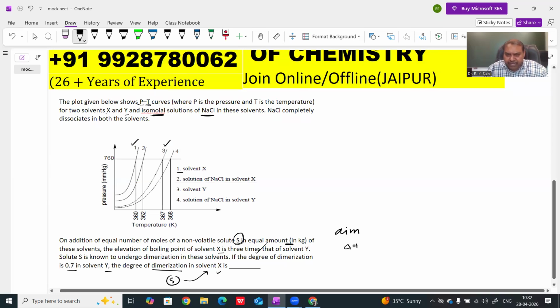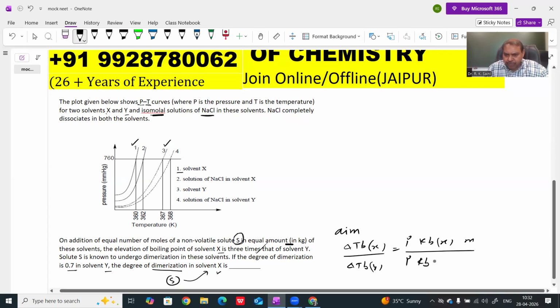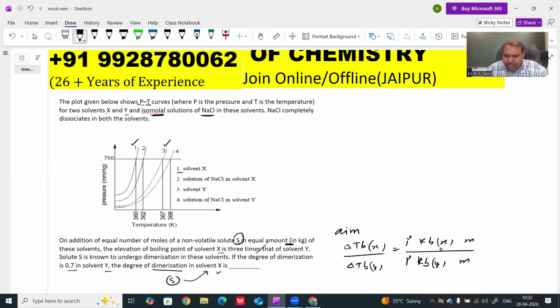Given the elevation in boiling point in solvent X and in solvent Y, we know that ΔTb equals i Kb m. In solvent X it is i Kb into m, upon i Kb m in solvent Y. In both solvents, the molality of the solution is the same because of equal moles and equal amount of solvent.